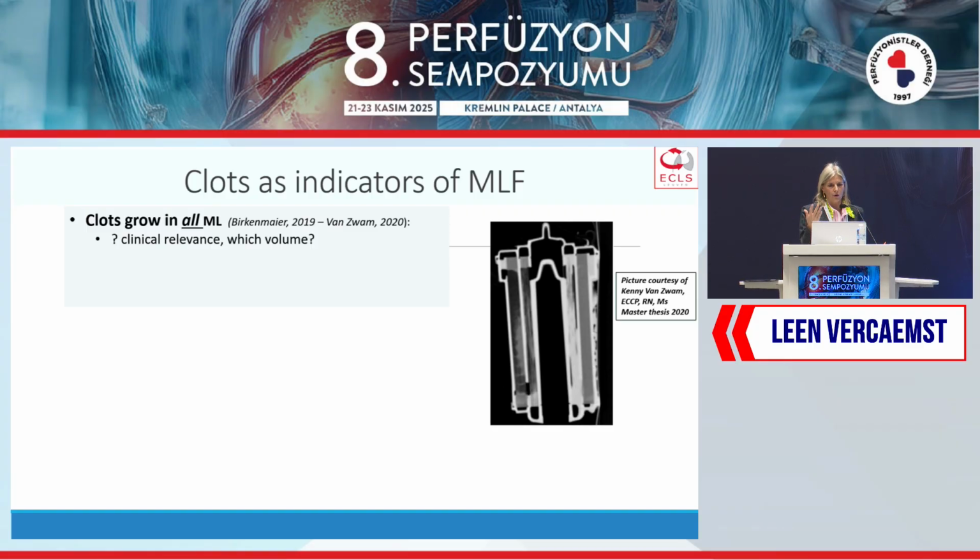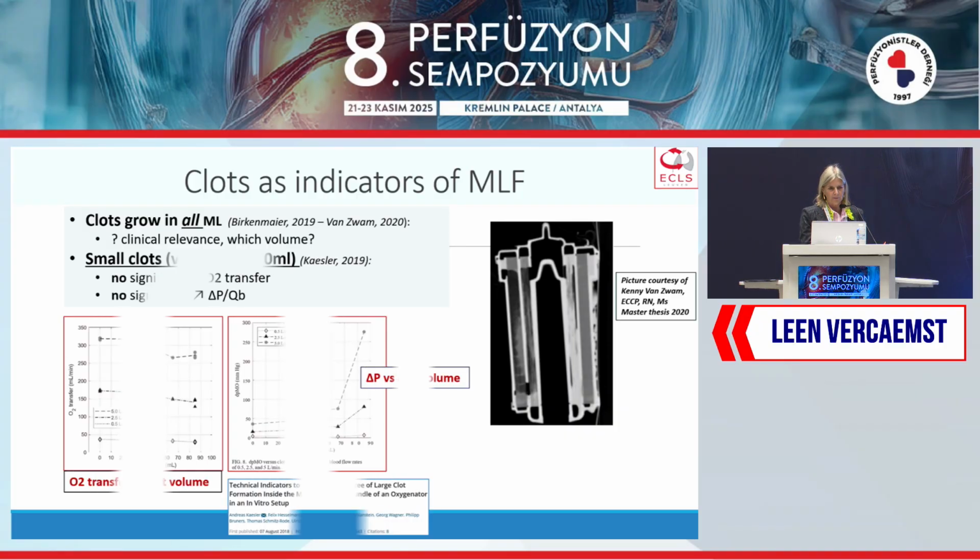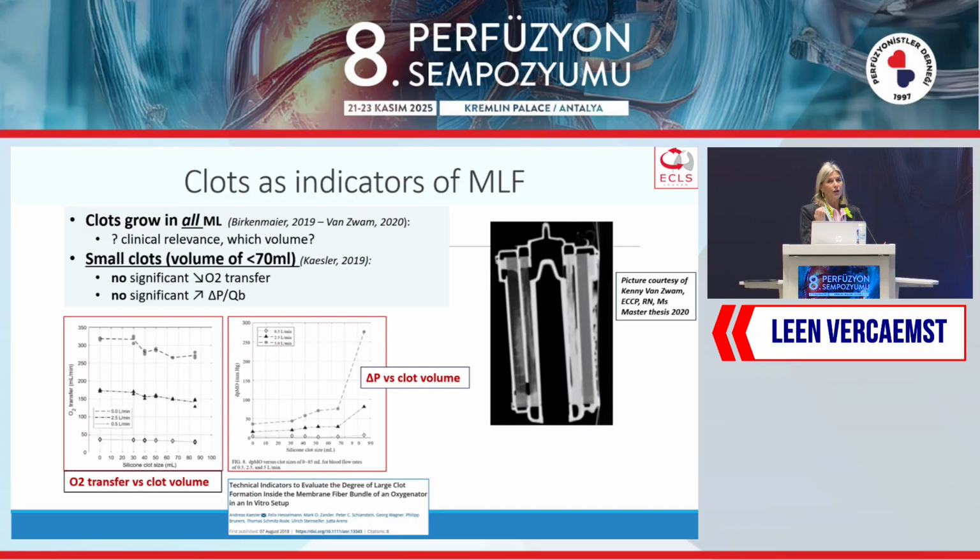Clots grow on all membrane lungs. And small clots, you can see from this data, don't give any significant decline in oxygen transfer. They don't give any significant increase of resistance. So we cannot detect them with our usual parameters. But maybe they're not clinically relevant.